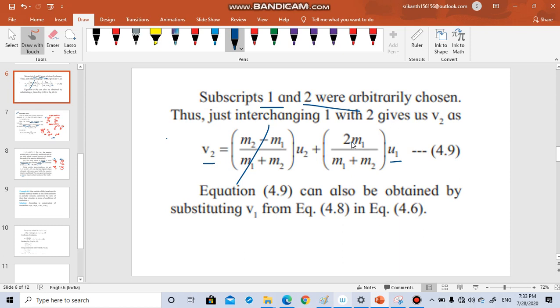So the second term can be ignored. Now come to the first one. m1 is very small, m2 is very big. So m2 minus m1 is almost m2 only, and m1 plus m2 is almost m2 only. So m2 by m2 will cancel, and you are left with u2. That means v2 is becoming u2. We are assuming that the first body is the small body and the second body is the big body, so we get v2 equal to u2.